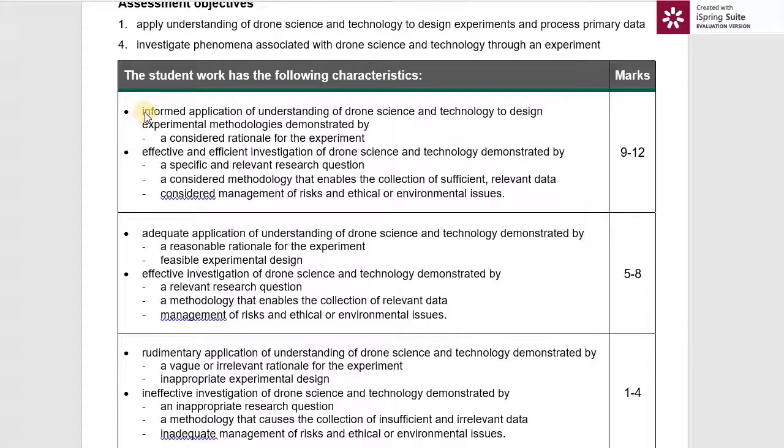If your multimodal response is an informed application of your understanding of drone science and technology to design an experiment with methodologies demonstrated by a considered rationale for the experiment, as well as an effective and efficient investigation of drone science and technology demonstrated by a specific and relevant research question, a considered methodology that enables the collection of sufficient and relevant data, and you've considered the risks and ethical or environmental issues, then you'll get a grade within 9 to 12 marks.